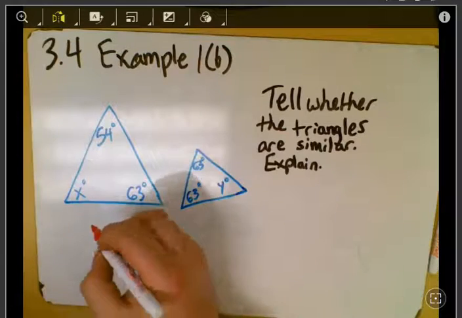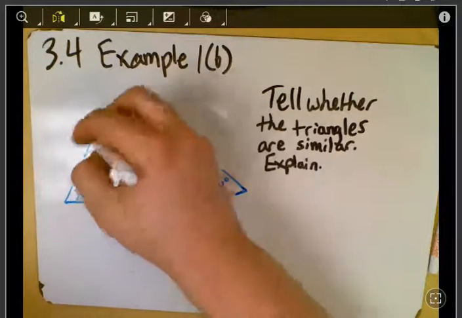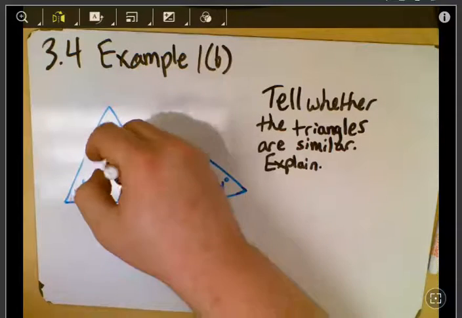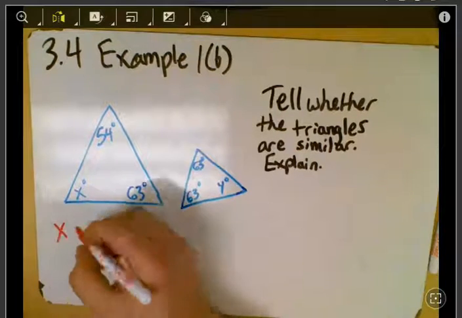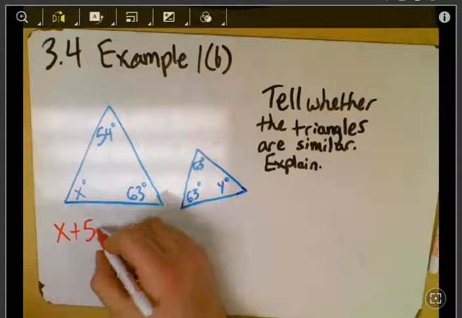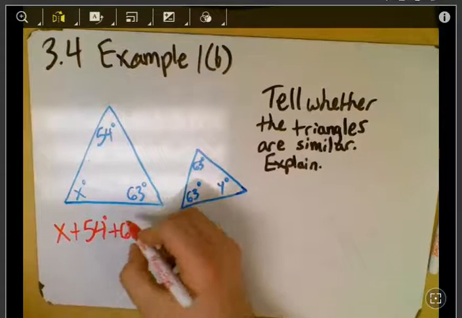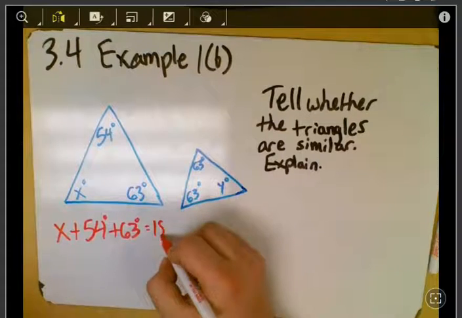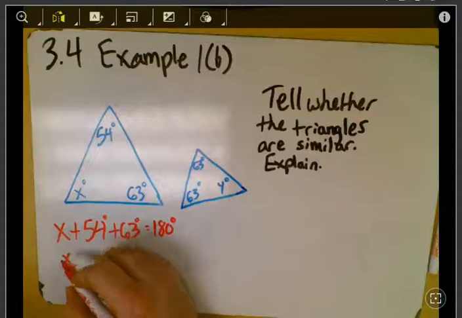Earlier on in the chapter we learned that the interior angle sums of a triangle add up to 180 degrees. So we're going to use that. So we know x plus 54 plus 63 equals 180 degrees. So all we need to do is simplify and solve.